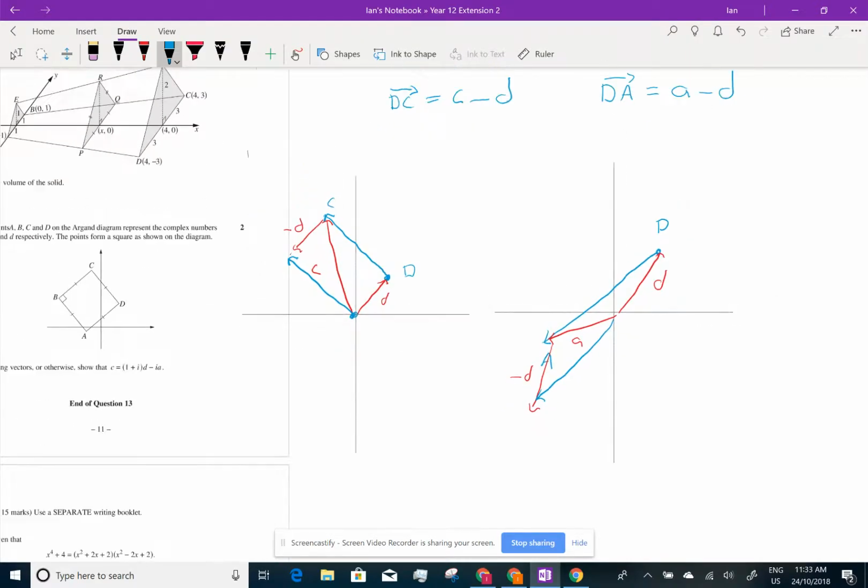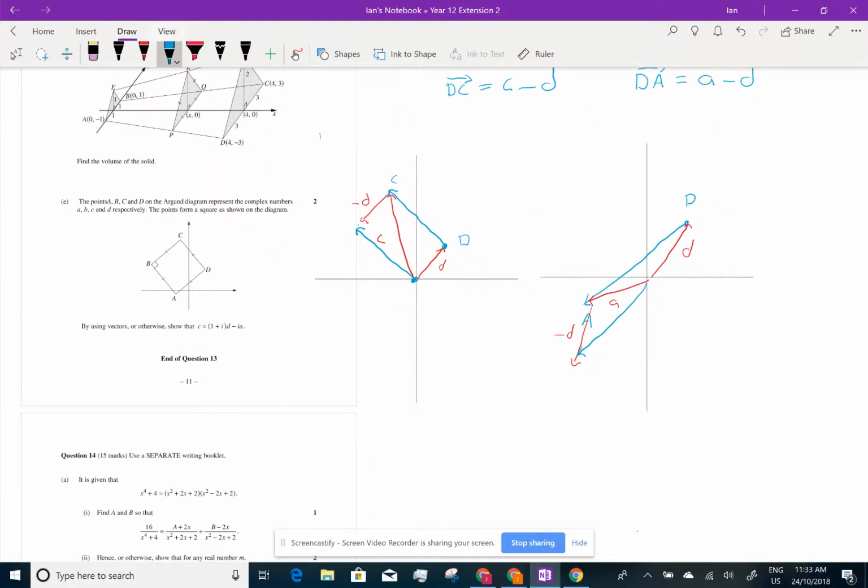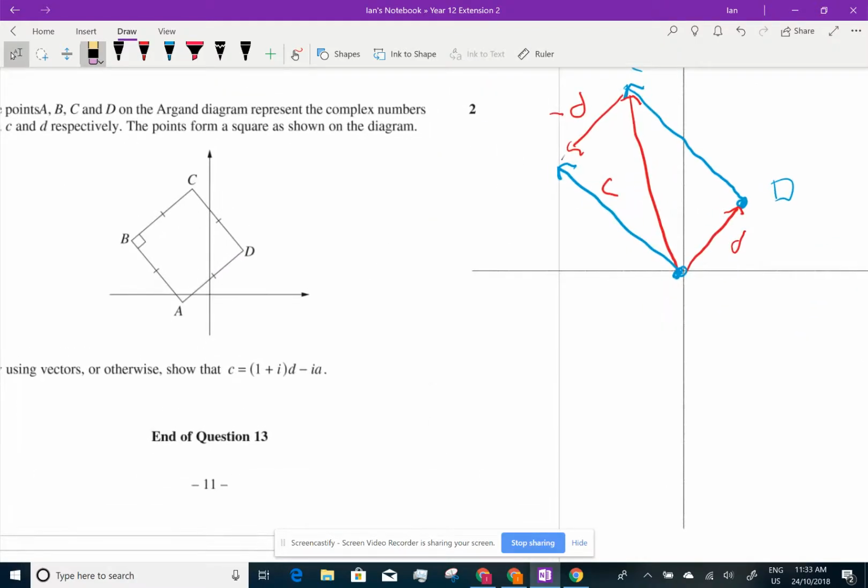So now we've got that. Let's go back and have a look over here. The vector DC, I'm going to just move in on that because I've made a complete mess of that. The vector DC is the same as the vector DA.